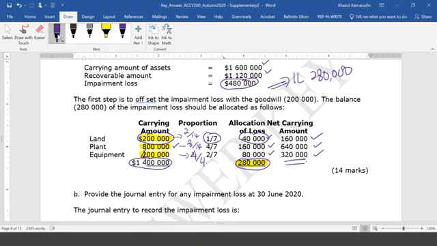So that is the mechanics. That is the formula in allocating the balance of impairment losses after deducting the goodwill to the remaining assets. You need to determine the proportion of each asset to total assets excluding goodwill. Okay, any questions?